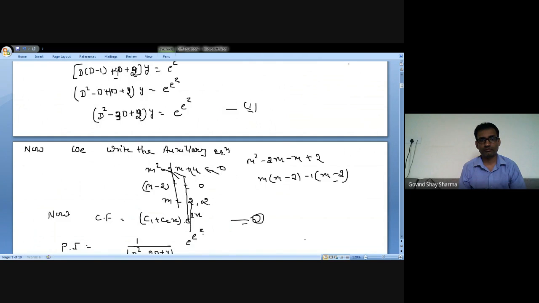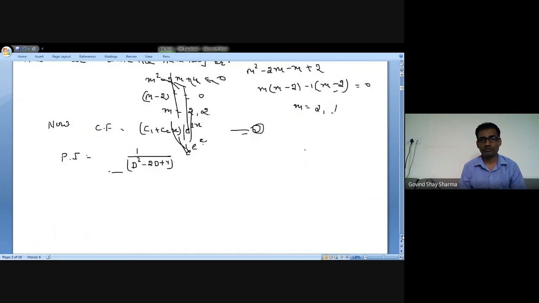Now m equals 2 and m equals 1, then the CF becomes c1 e to the power 2z plus c2 e to the power z.